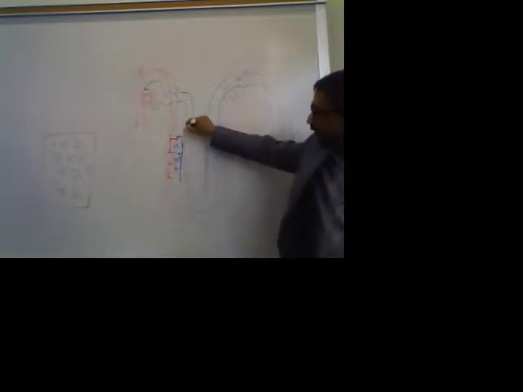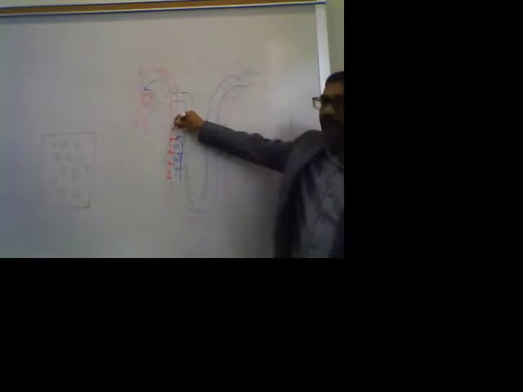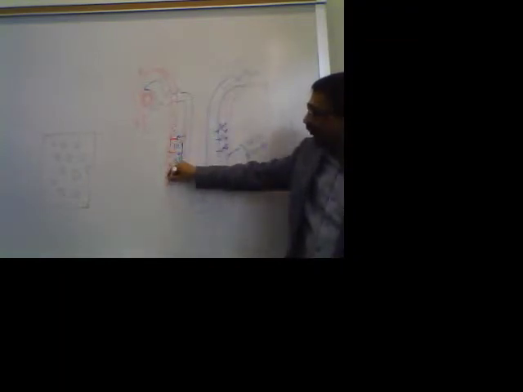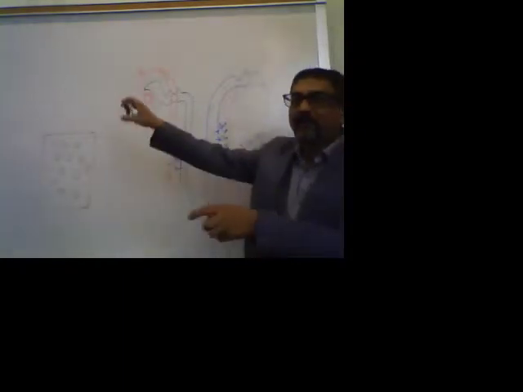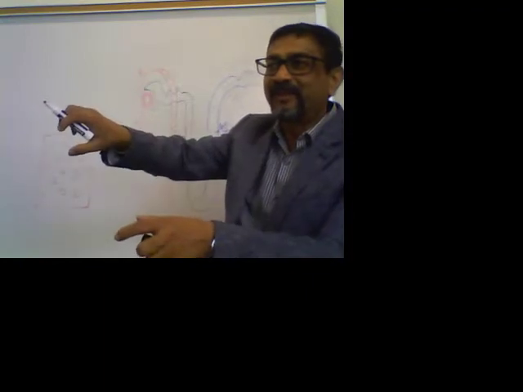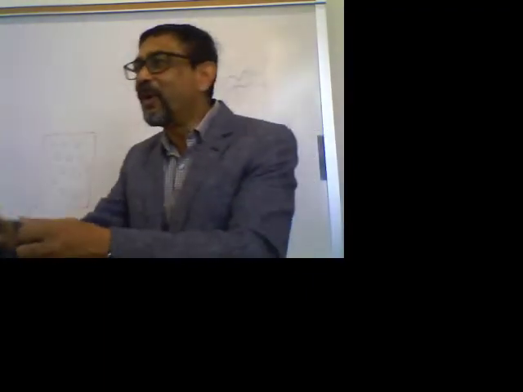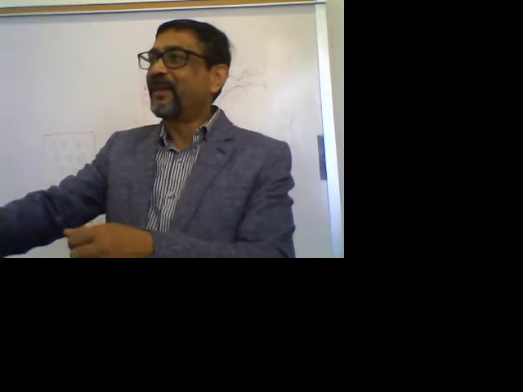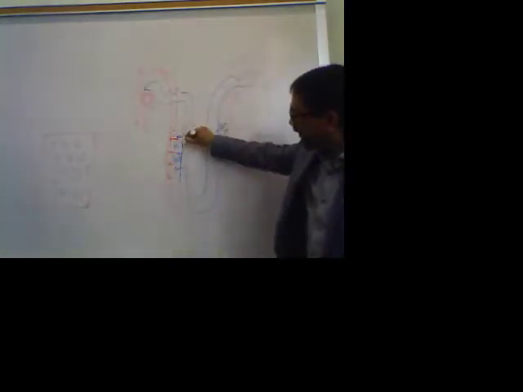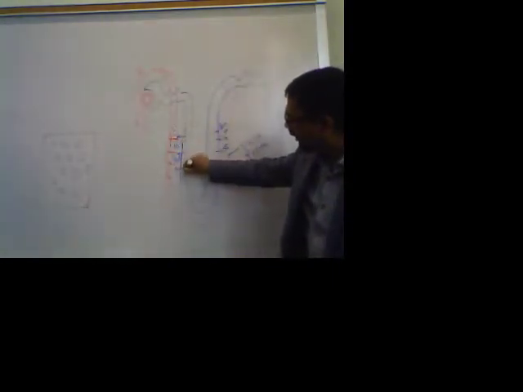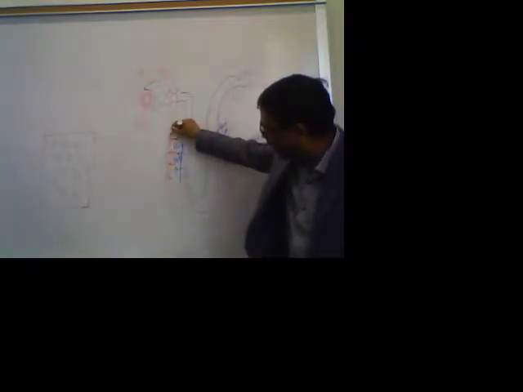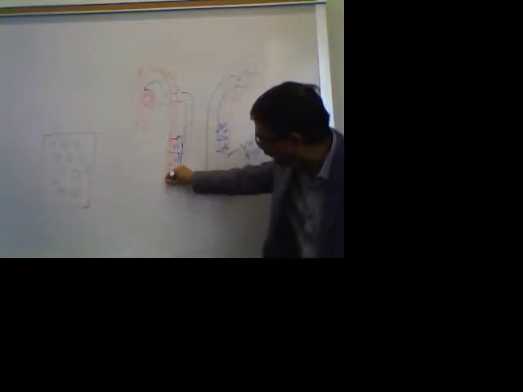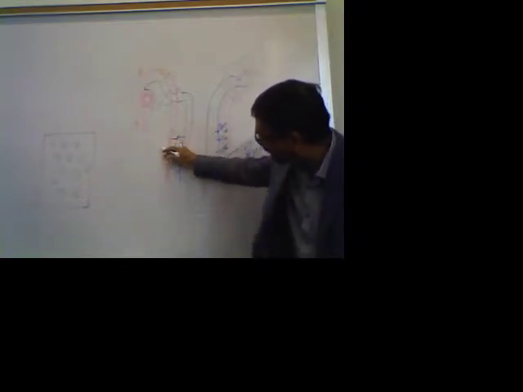So concentration increases. Now you tell me here, when the blood is going down, water is getting in, right? If you add water to something, the concentration will go down, right? So as the fluid is moving down through the descending limb, concentration is going up, but as the blood is going down through the Vasa Recta, concentration is going down.